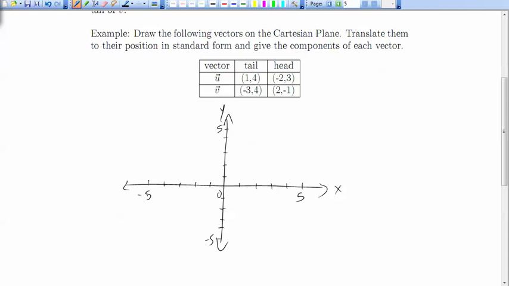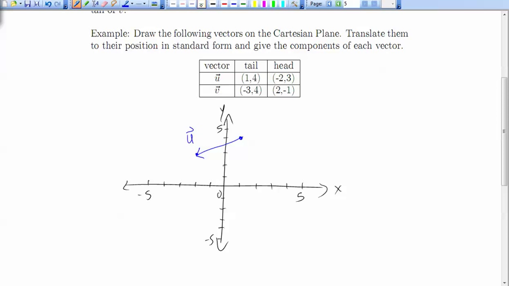My vector u has its tail at 1, 4, right there, and its head is at -2, 3, so over here. So my vector u is right there. It's one way of drawing it.